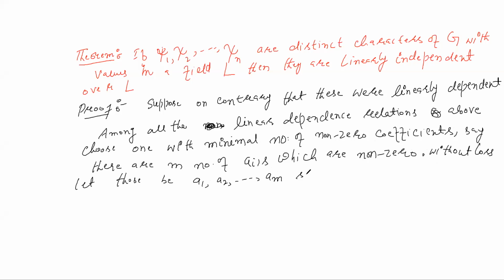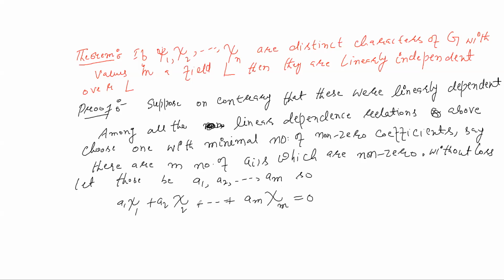So the relation star now becomes A1 chi1 plus A2 chi2 plus so on plus AM chi m equal to 0, where all of these a_i's are not 0.